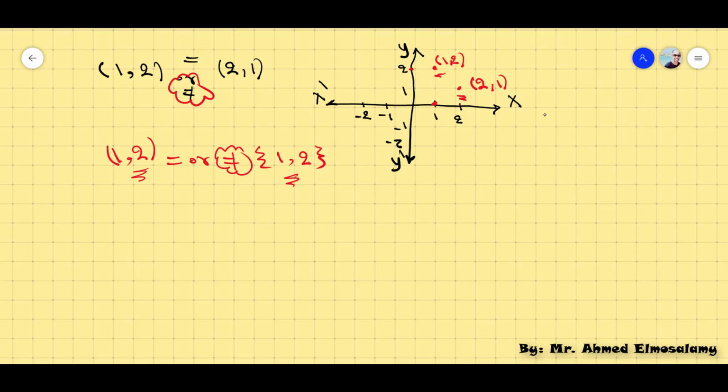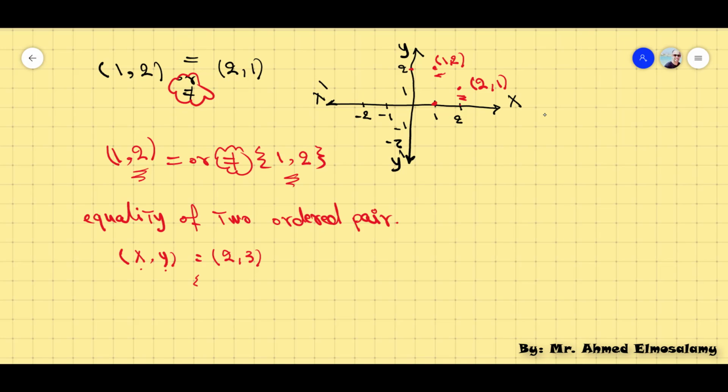So, I have here another part: equality of two ordered pairs. If I have the first ordered pair x and y equals 2 and 3, find the value of x and the value of y.